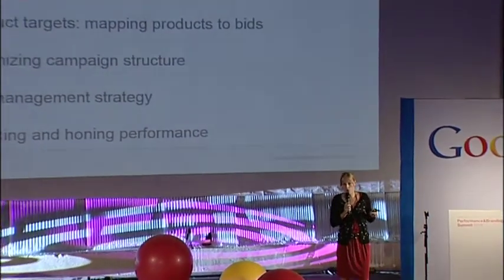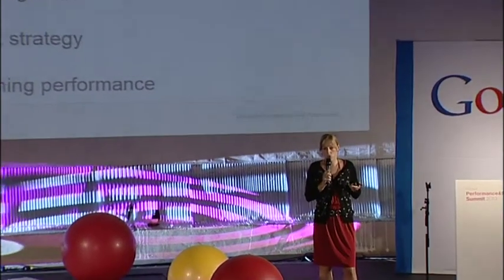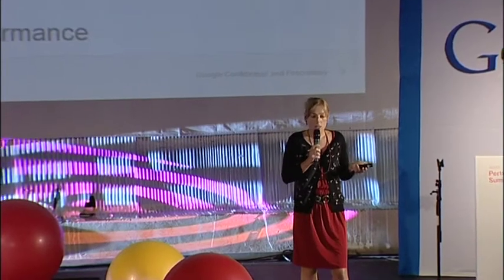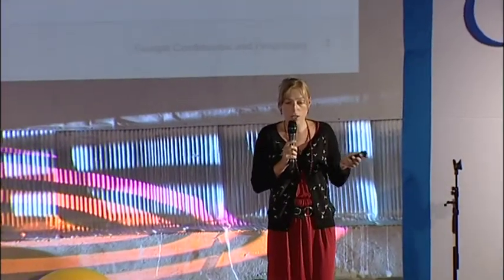The other one will be how to best structure your campaign, how to use product targets in order to manage your bids on your product listing ads campaign, optimize your campaign structure, what's the best bid strategy, and how to track your results. So let's start with the overview.